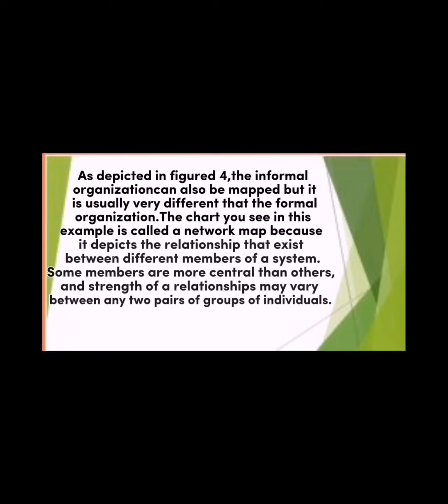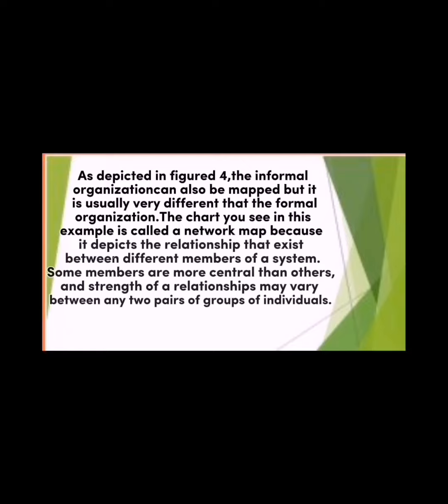Some members are more central than others, and the strength of a relationship may vary between pairs of individuals. The informal organization can also be mapped, but it is not the same as the formal organization. A network map of the informal organization can include conversations with people you may meet in all kinds of circumstances.